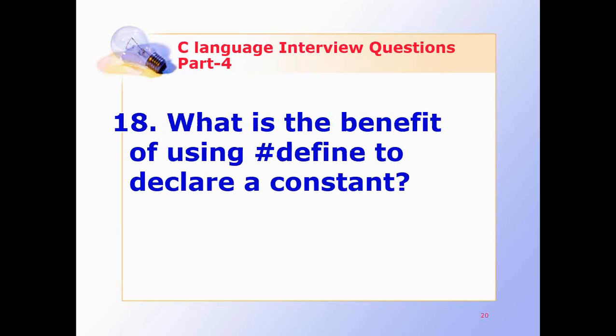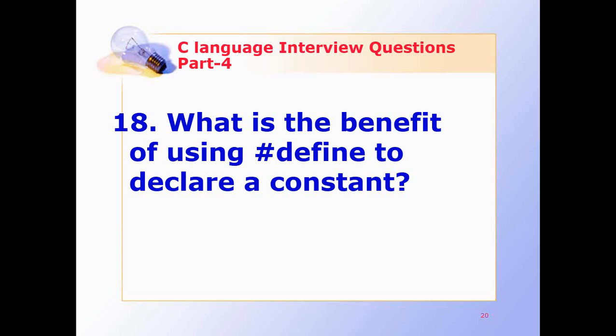What is the benefit of using #define to declare a constant? Using the #define method of declaring a constant enables you to declare a constant in one place and use it throughout the program.